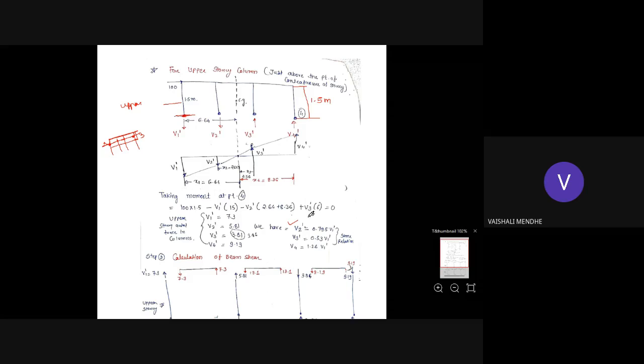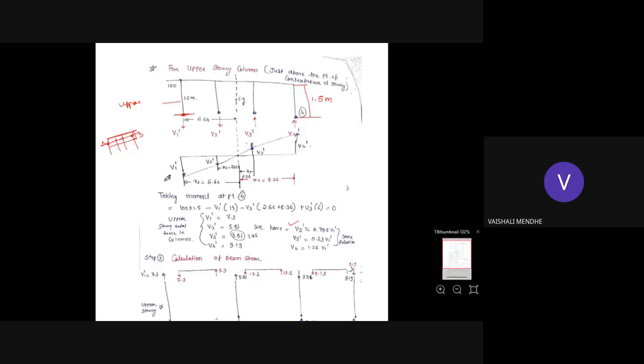तो अगेन फिर से आपको you have to take the moment of all forces about 0.4. Okay, you have to take the moment of all force about 0.4 or moment of this frame. Okay, so 100 into perpendicular distance. So 100 into 1.5 minus ये एंटी क्लॉकवाइज जाएगा, ये एंटी क्लॉकवाइज into this point.